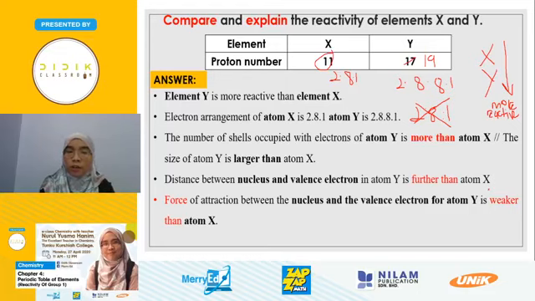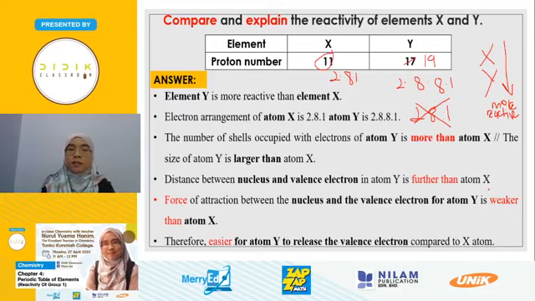When the force of attraction is weaker, it means the valence electron is easier to be released. It is easier for atom Y to release a valence electron compared to atom X. That's why atom Y is more reactive than element X.